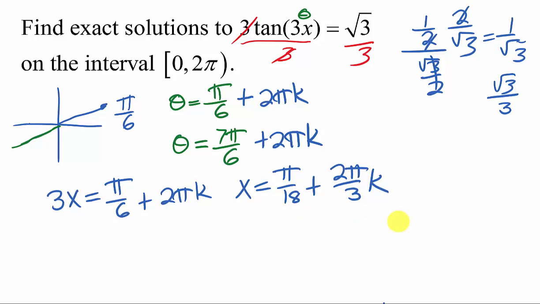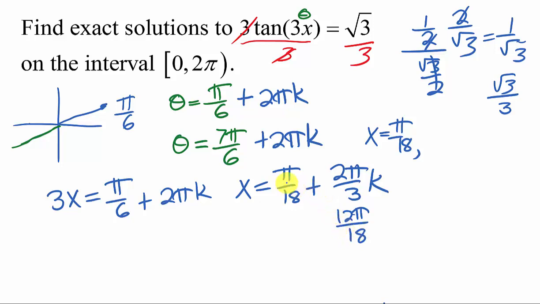And so if I put k equals 0 in, I get the first solution, which is x equals pi/18. I can get 2 more solutions from that by letting k equal 1 and k equal 2. So I'm going to do that. If k was 1, I'd be adding 2 pi thirds, and let's go ahead and make that into 18ths so that we can add that easily. 2 pi thirds is 12 pi/18.